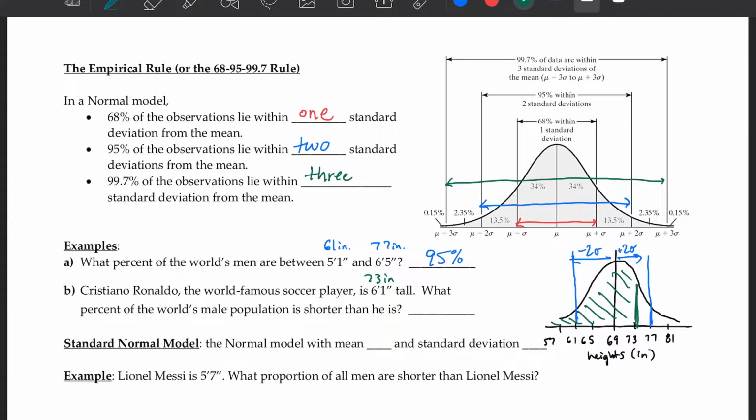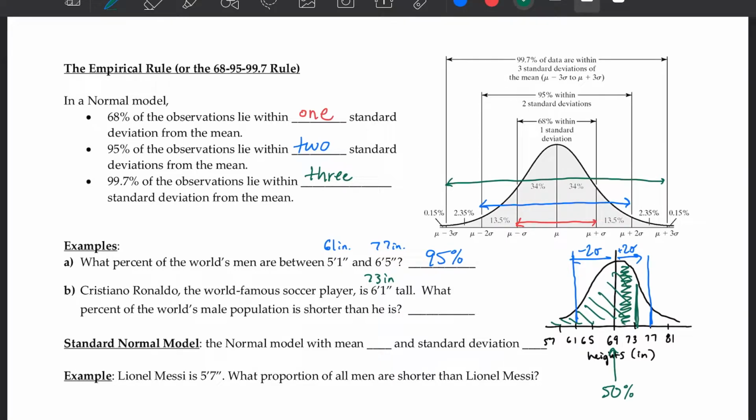So the way I'm going to figure this out is actually utilizing the fact that this is theoretically perfectly symmetric, which means that from 69 inches and below, that should be 50% of my data. That's the mean, and since it's perfectly symmetric, that lines up with the median as well, which means it is perfectly 50 percentile or 50% of our data.